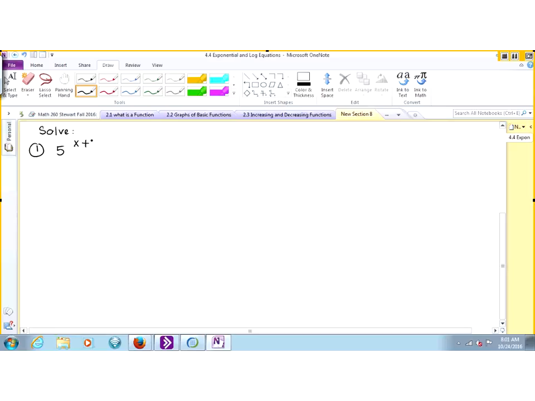Number 1: 5 raised to the x plus 2 is equal to 9. And then number 2, we have something like 2 to the 3x plus 1 is equal to 3 raised to the 2x minus 3.